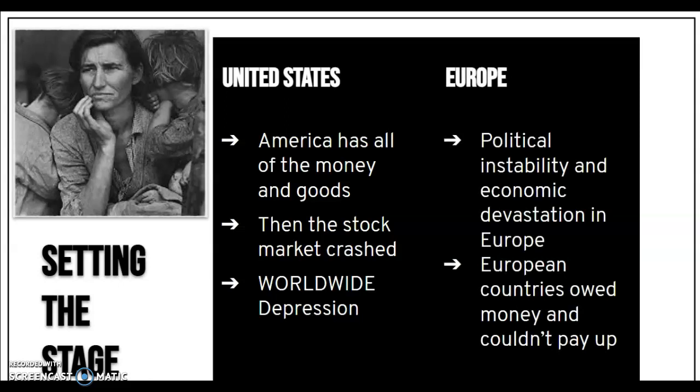Across the ocean in Europe, many of the countries were facing political instability, meaning they were weak or fragile, and economic devastation. They were also experiencing the Great Depression. Many European countries owed money that they could not pay up.